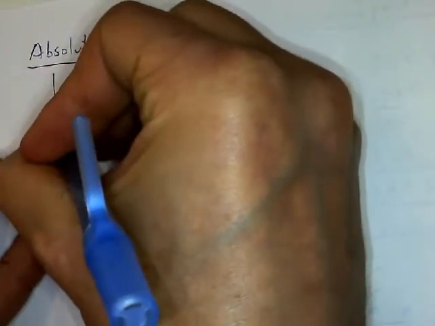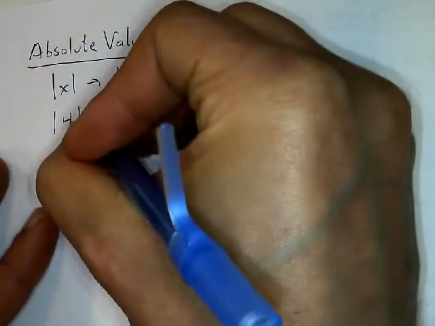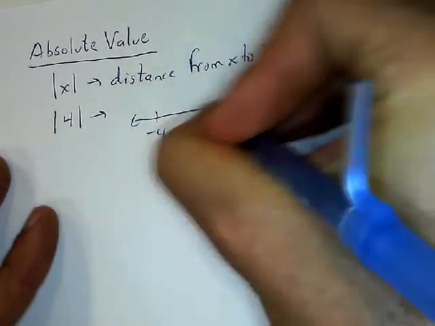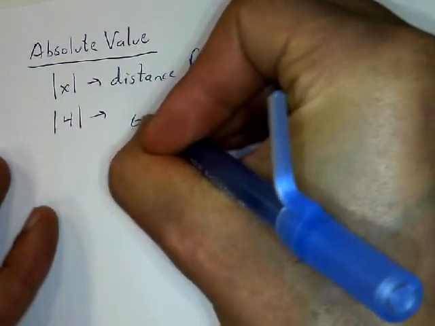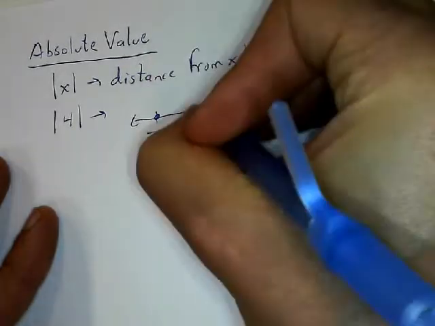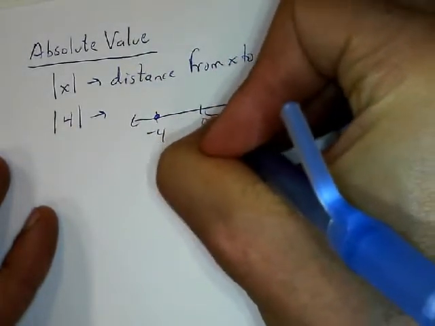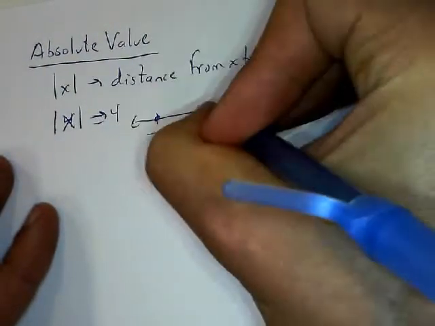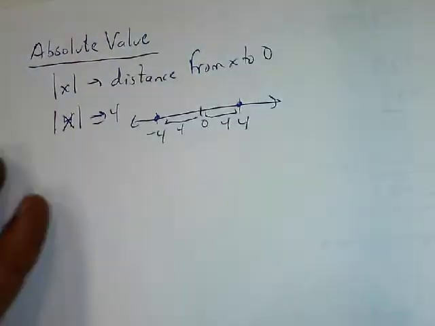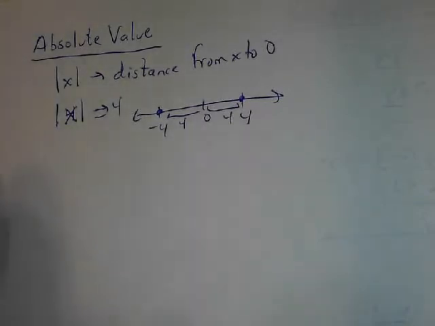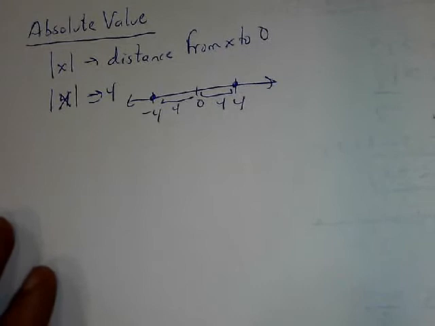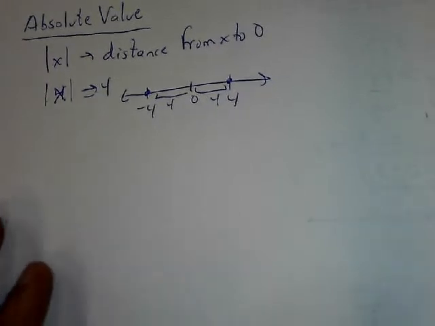Therefore, if the absolute value of x equals 4, that could be either negative 4 or 4 in terms of its distance. You can be 4 in either direction. You don't know which direction you're at, because both are a distance of 4 away. Therefore, we always take the positive and negative components of an absolute value sign.